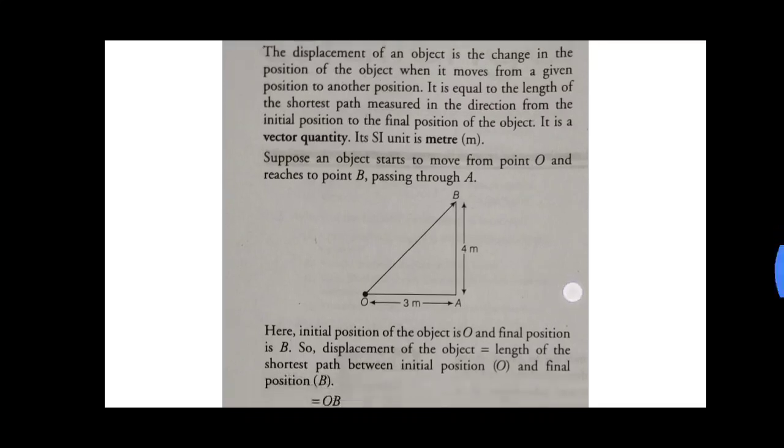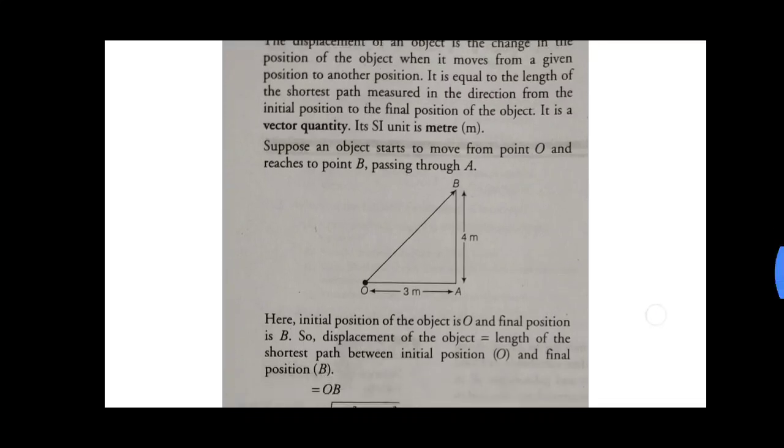Okay, now suppose an object starts to move from position O and it reaches position B. First it has moved from O to A, from A to B.